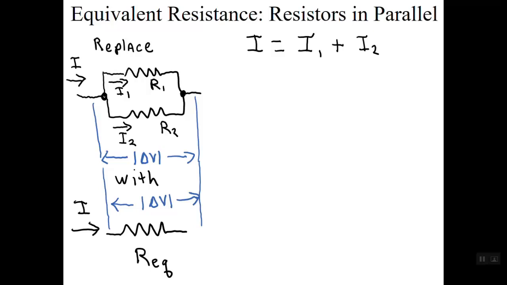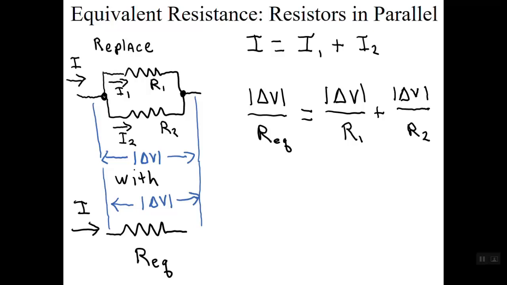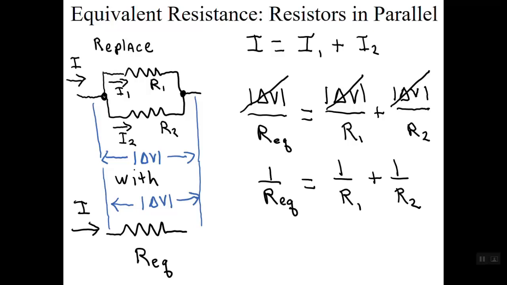We can use this fact in Ohm's law to rewrite the currents like this. We can see that the common potential difference cancels, and we end up with this result. The inverse of the equivalent resistance is equal to the sum of the inverses of the resistances of the two original resistors. This also holds in general.